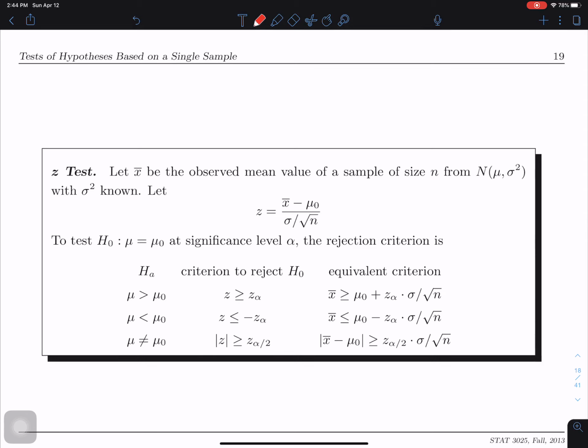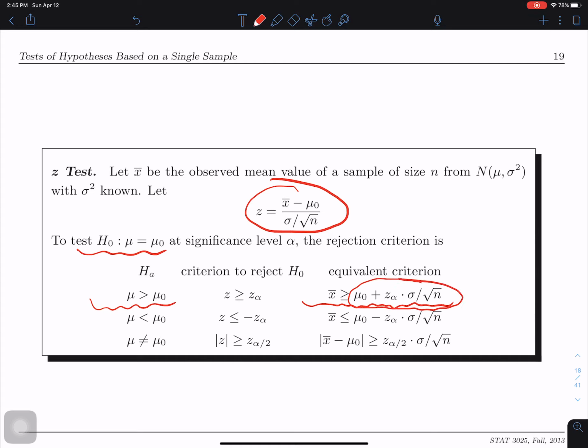And to summarize, we call it a z-test. Let x bar be the observed mean value of a sample of size n from a normal distribution with sigma known to us, and we let the following statistic be our test statistic. We test H0, mu equals mu 0, at a significance level alpha, then the rejection region is the following. When your HA is mu greater than mu 0, you should reject the hypothesis if your observed mean is greater than this quantity.